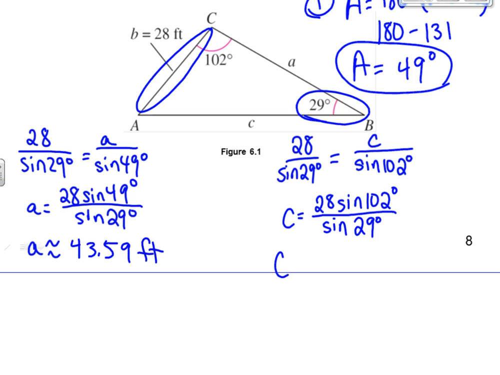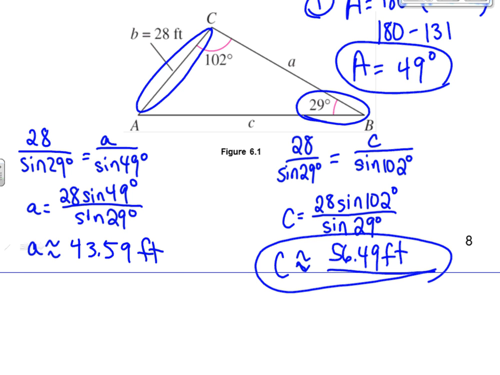Maybe take a moment for that one, type it in your calculator and see what you get. And you should have found maybe that you have 56.49 feet. And so we've found all three missing parts on this triangle using the law of sines.